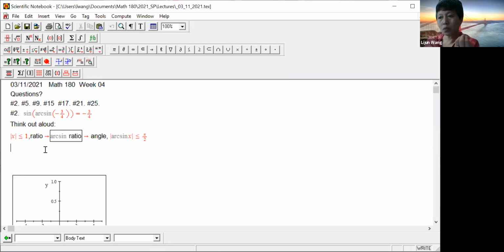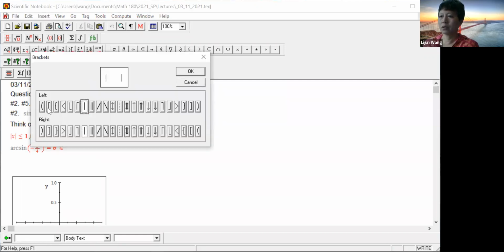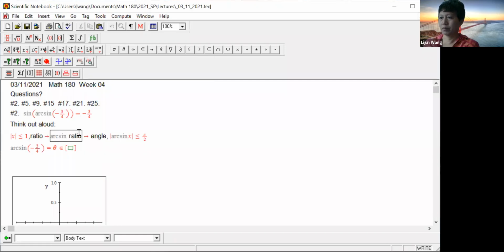All right. So with this, we think out loud and say, okay, this is going to be an angle. So you're going to assume this is an angle. We call it theta. And you immediately know where theta should be. Theta should be where? Between negative pi over 2 and pi over 2.